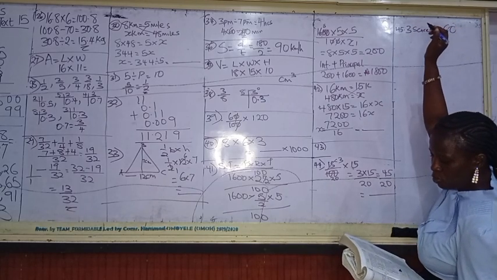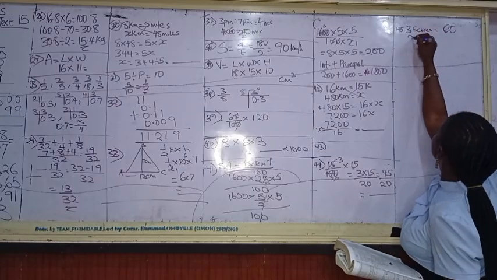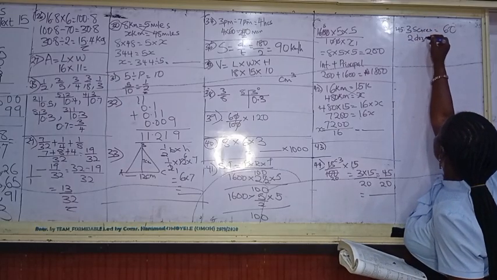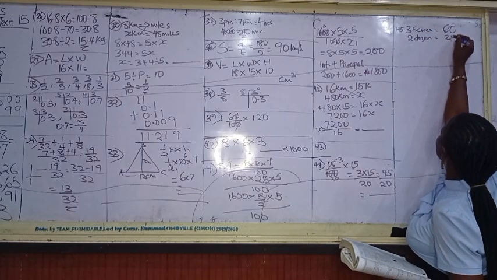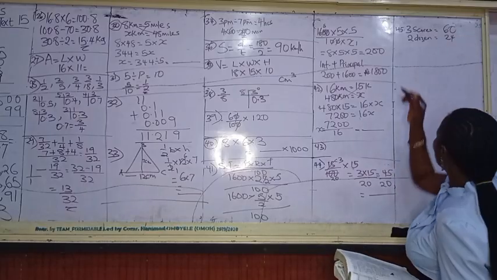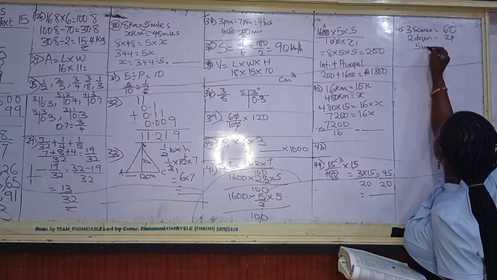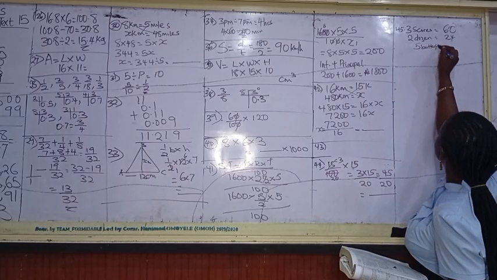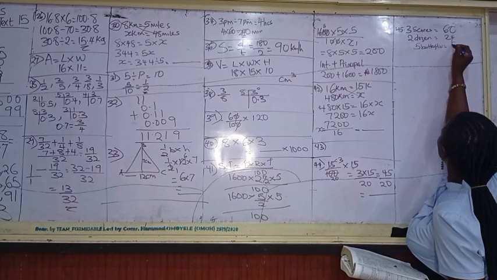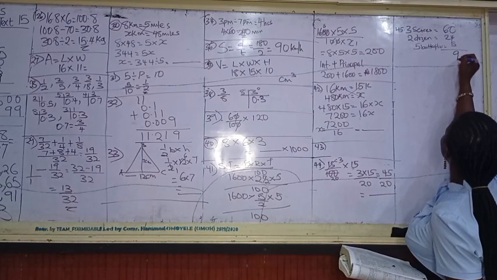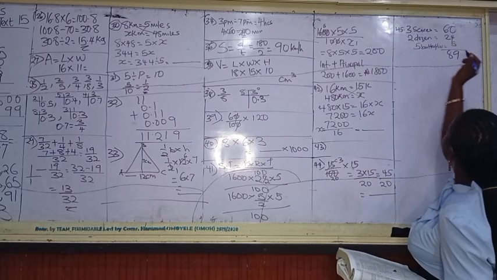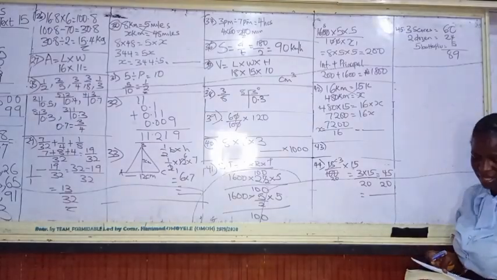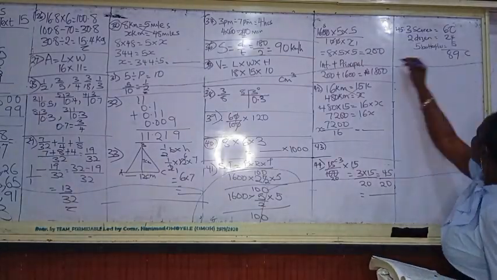We have 2 dozen. That is equal to 24. And we have 5 butterflies. That is equal to 5. So this is 9, this is 8. So we have 89, which is option C.